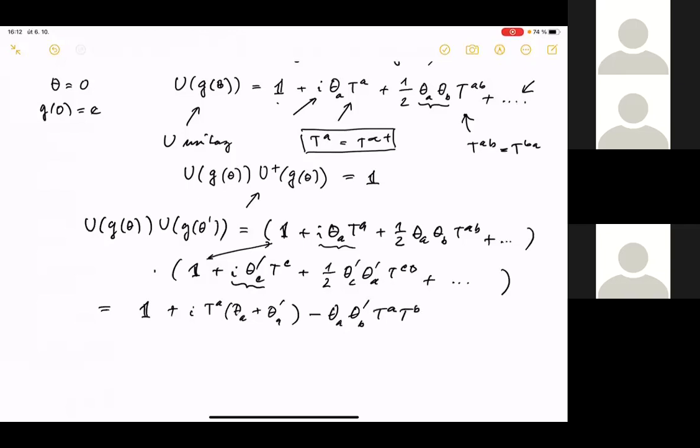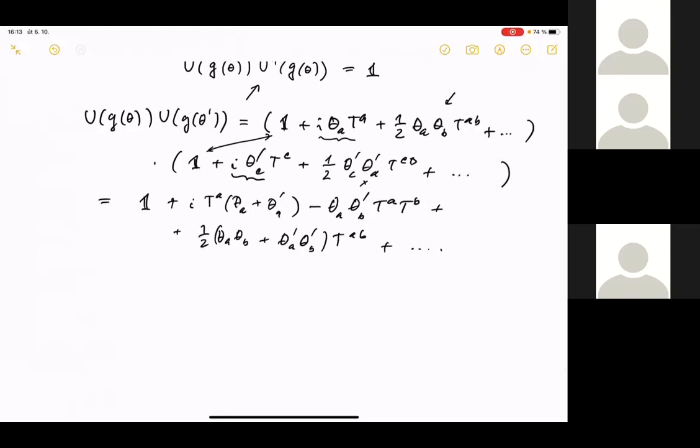And of course, the other quadratic terms, this term and this term multiplied by the identity in the corresponding parentheses. So we get 1/2 theta A theta B plus theta prime A theta prime B times TAB plus higher order terms. So this is one way to calculate this product and obtain the Taylor expansion of this product in terms of the Lie group parameters.